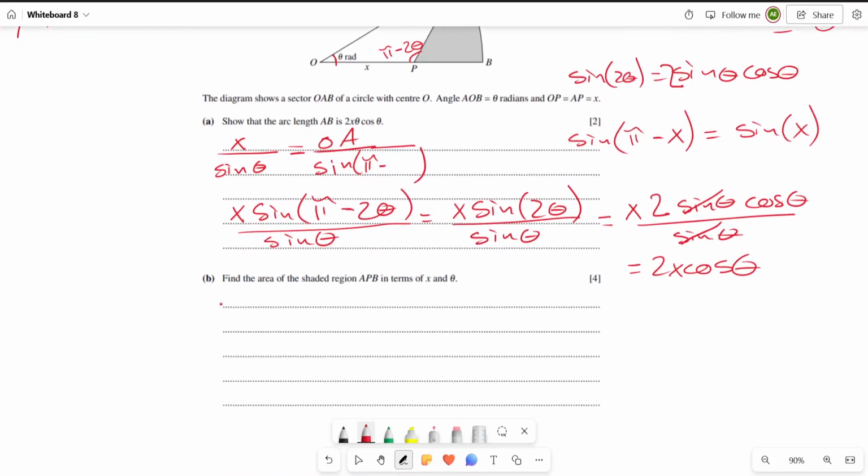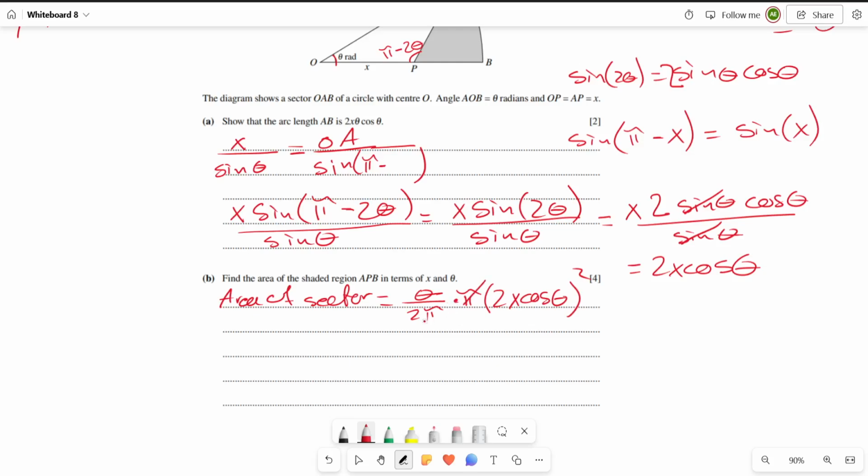So let's start by getting the area of the sector. The area of a sector is theta over 2 pi multiplied by pi times the radius squared, and the radius we already got, which was 2x cosine theta, so multiply 2x cosine theta all squared.